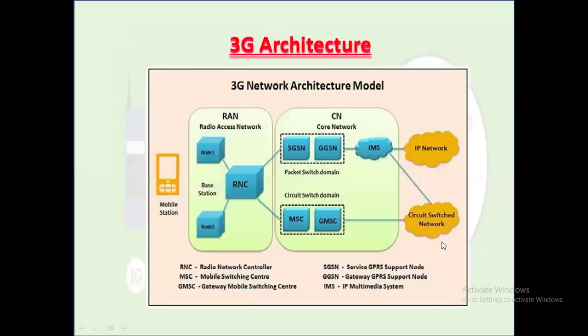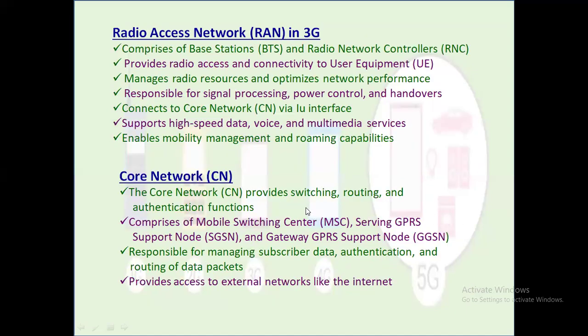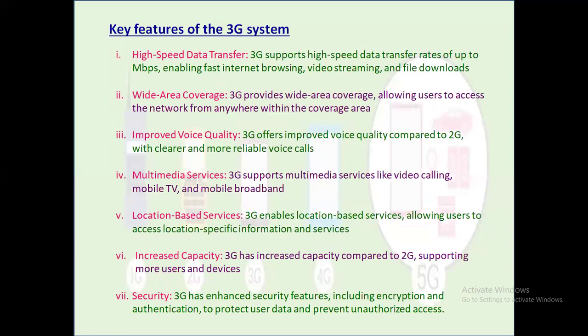This we have seen here: SGSN, GGSN, IMS, and MSC. The MSC is responsible for managing subscriber data, authentication, and routing of data packets. And it provides access to external networks like the internet.